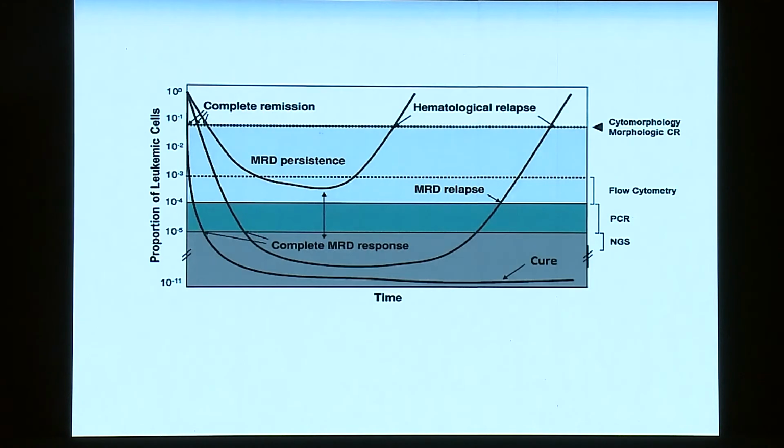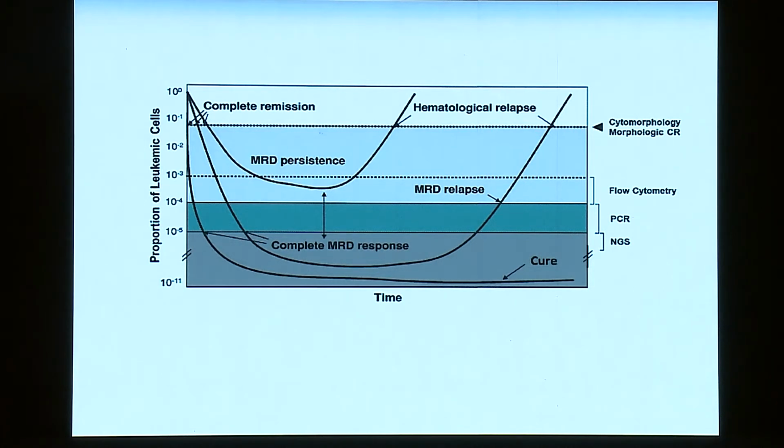In this cartoon, we can see the point 0 when the patient came to us as a new case. And when we say a patient achieves complete remission, which is just 1 log reduction on the left side, this is based on just morphological remission. Unfortunately, those patients might relapse very quickly, and we can see there are 3 curves.